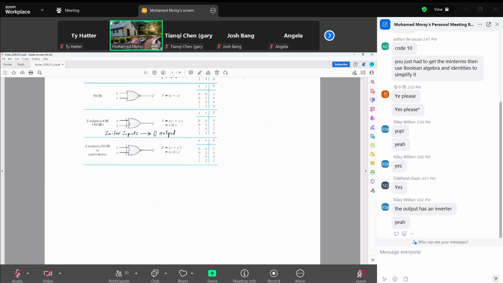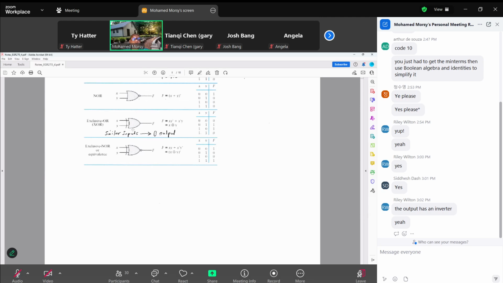It has a lot of applications. So this is a very important gate, exclusive OR, you can write it XOR.